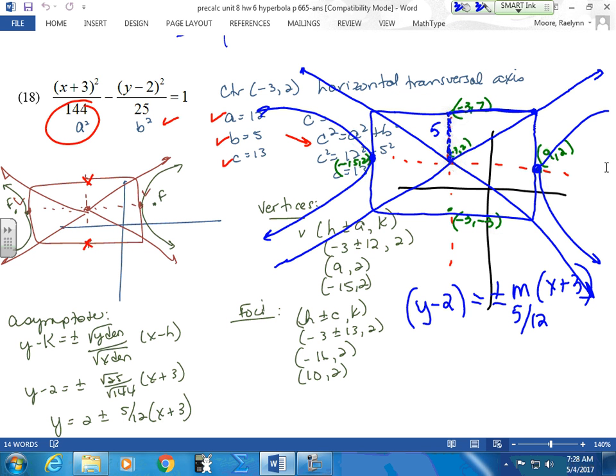Make sense? Don't do A and B because here's the problem. This guy, the x comes first. A is under the x. If the y comes first, the A is under the y. So the A and B have to switch. So in your formula sheet, it says y denominator over x denominator. Don't worry about A and B. Just take the y denominator, take the square root.